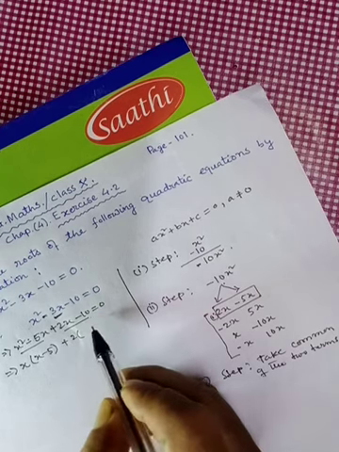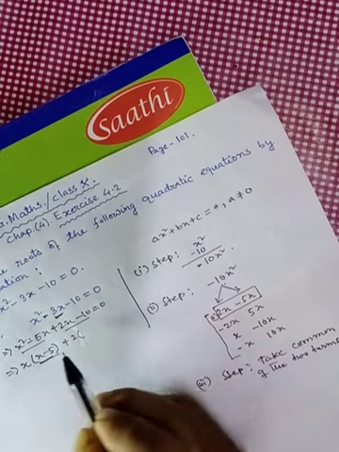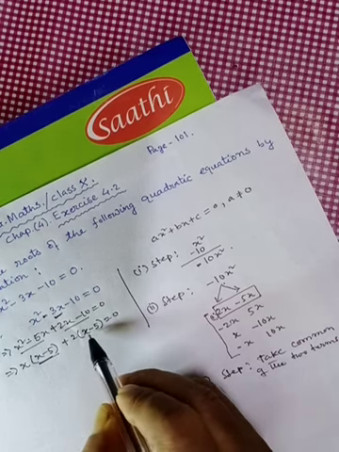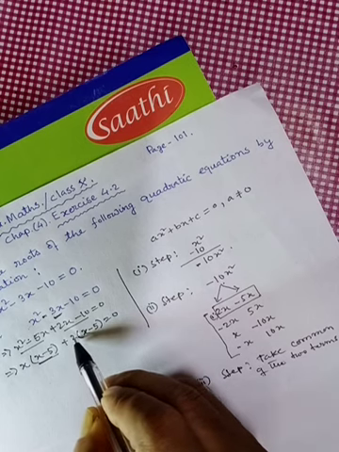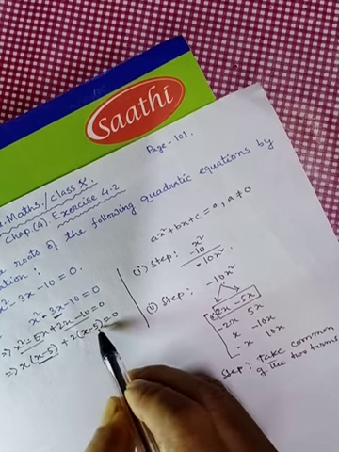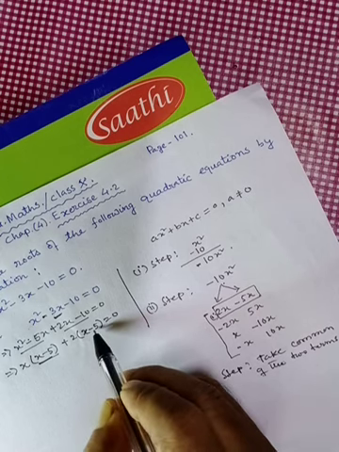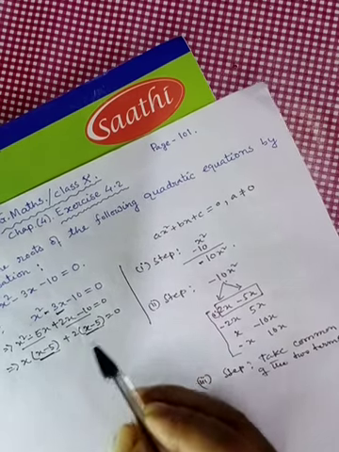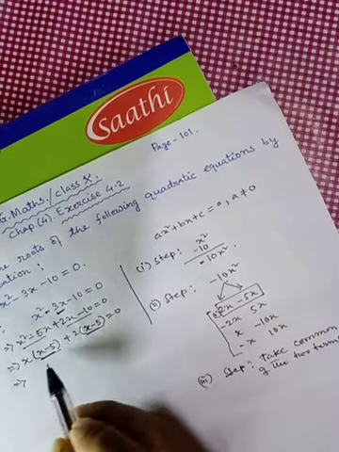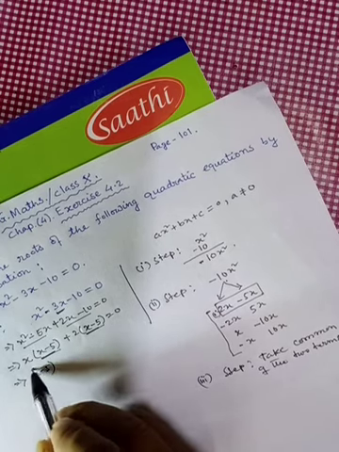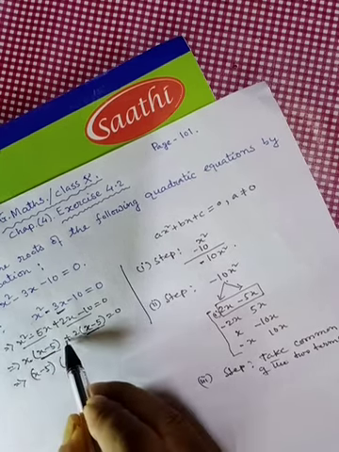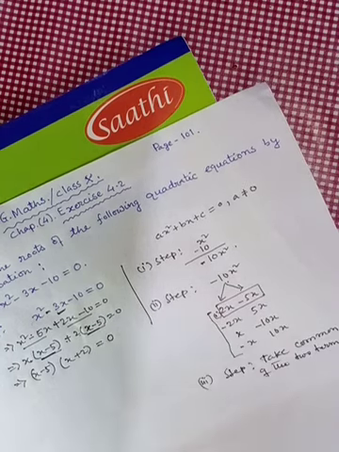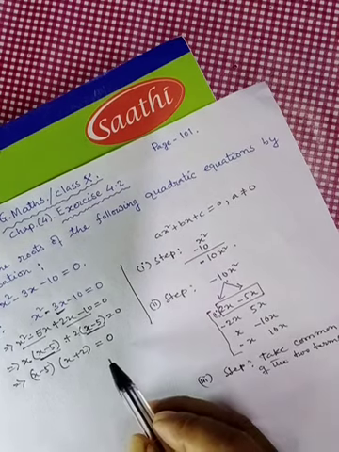Then plus 2x minus 10, 2 is common, so we'll get 2 times x minus 5, which gives twice x and minus 10. So here x minus 5 is common, take one x minus 5, then the remaining is x plus 2. So x minus 5 times x plus 2 equal to 0.